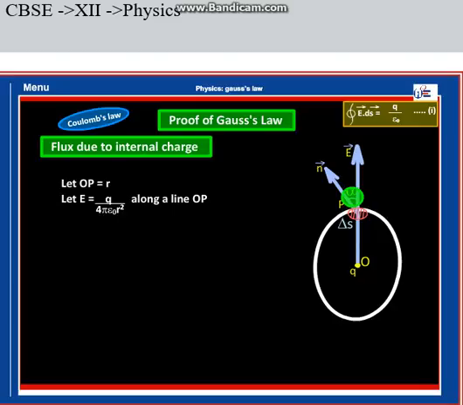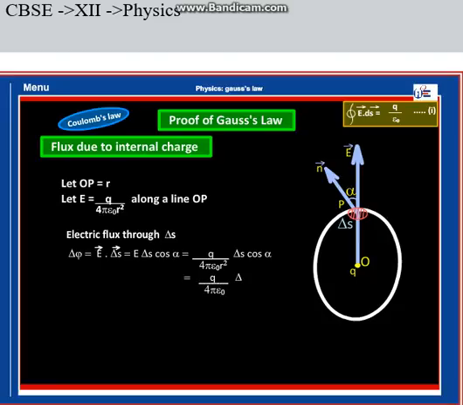Suppose this line OP makes an angle alpha with the outward normal to del S. The flux of the electric field through del S is del phi equal to E dot del S, which is equal to E del S cos alpha, which is equal to Q upon 4 pi epsilon naught R square into del S cos alpha, which is equal to Q upon 4 pi epsilon naught into del omega.